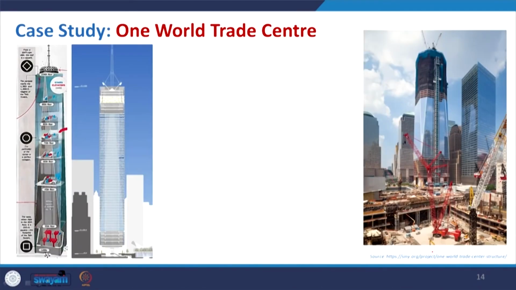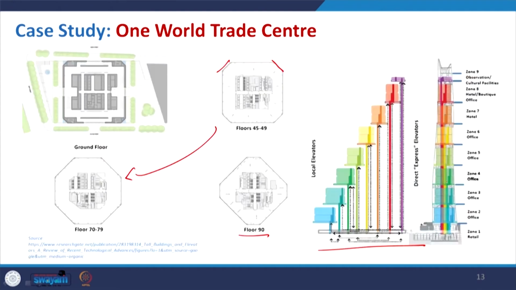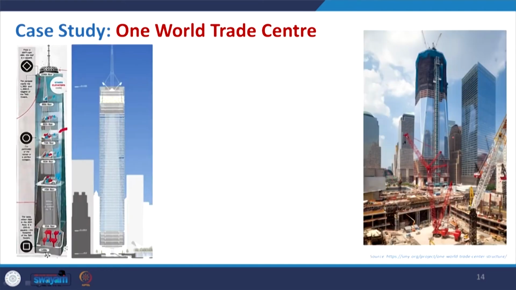Now, coming to the construction, again the structure is very simple and straightforward, but along with the frame, you can see in this section that in different segments we have outriggers, trusses or belt trusses at different levels.